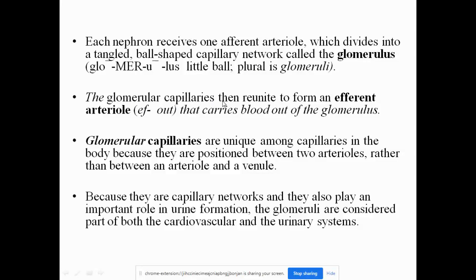The glomerular capillaries then reunite as they emerge out of the glomerular capsule, called the efferent arterioles. Efferent means out, that carries blood out of the glomerulus.